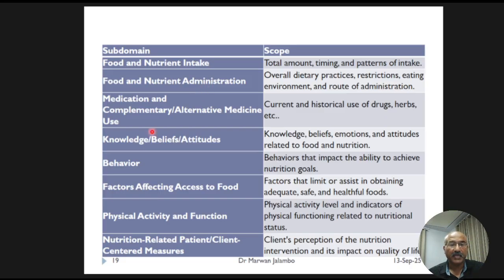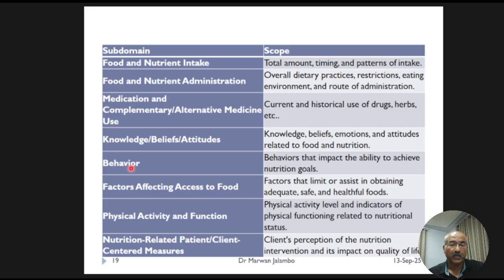We look at medication and supplements due to potential interactions. We assess the client's knowledge, beliefs, and attitudes towards food, as this heavily influences their choices. We examine also behavior that could be barriers or facilitators to change.